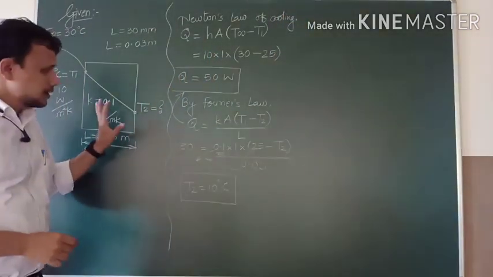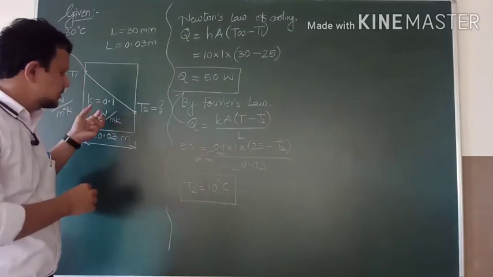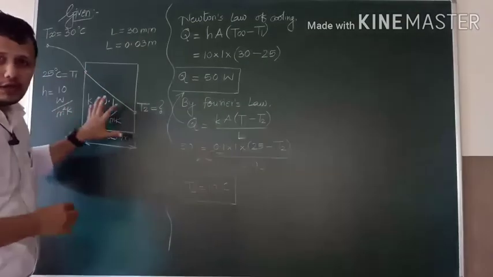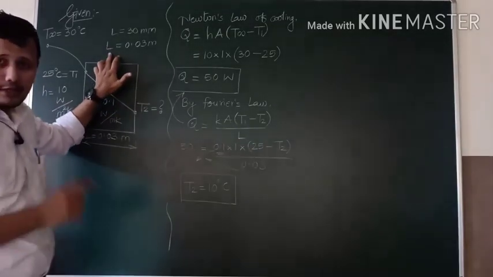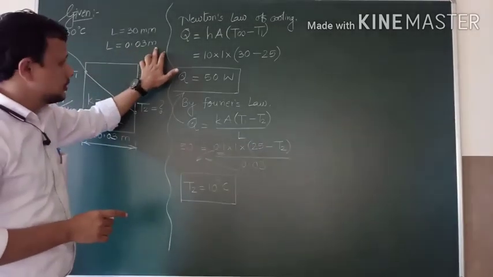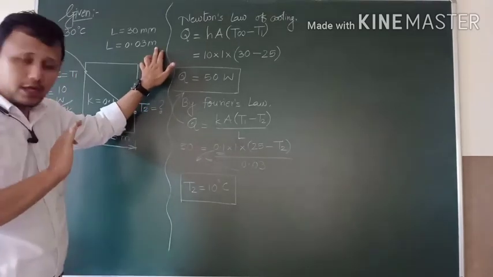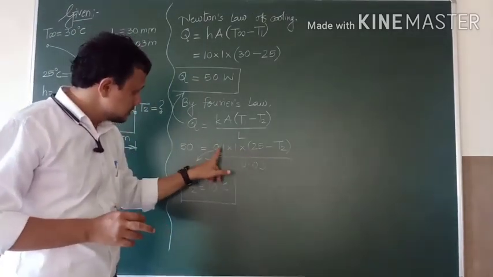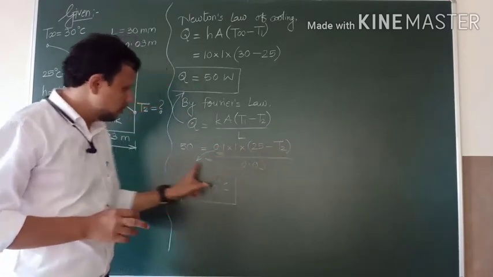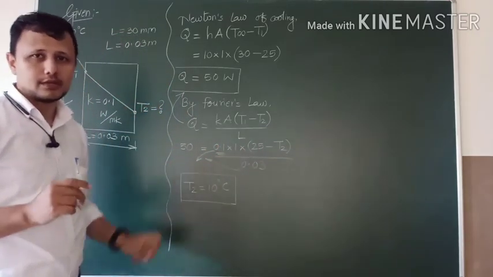This is a fundamental problem which helps you properly quantify all the given data. You have to convert the given thickness into meters, because without this conversion you cannot substitute it in the equation; the system of units for all quantities should be uniform. Thank you very much.